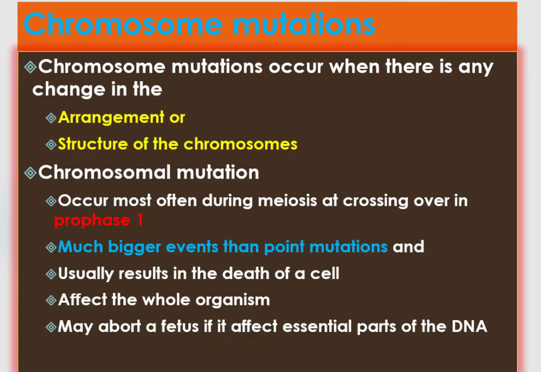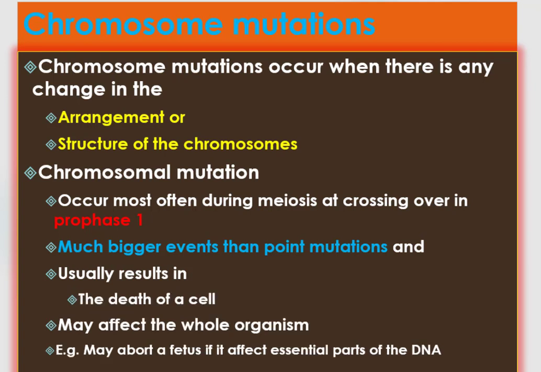Chromosomal or gross mutation. Chromosomal or gross mutation occurs when there is any change in the arrangement or structure of chromosomes. Chromosomal mutations occur most often during meiosis at crossing over in prophase 1. Chromosomal mutations are much bigger events than point mutations and usually result in the death of a cell.